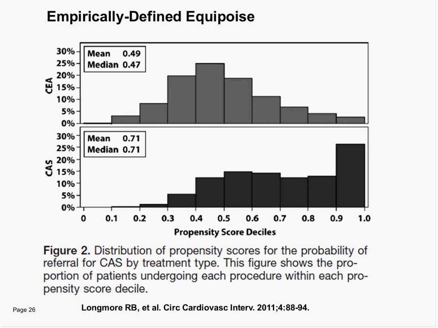This is a propensity score predicting carotid artery stent, and that highest decile is almost all carotid artery stents. The characteristics of patients that put them into that highest decile are almost deterministic of receiving a stent.